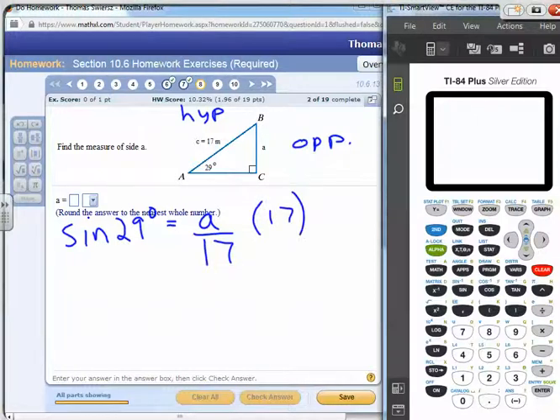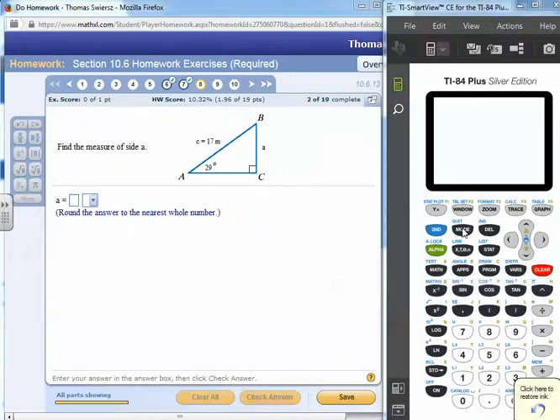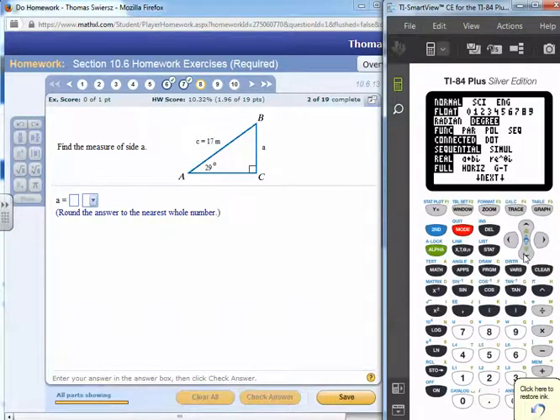Again, we can multiply both sides by 17. The 17s cancel, and we get A is equal to 17 times the sine of the angle we're working with, which is 29 degrees. So again, make sure you're in degrees. Remember that you go to mode, and you go down, and if radians is highlighted, you highlight degrees, hit enter, and then hit second quit.